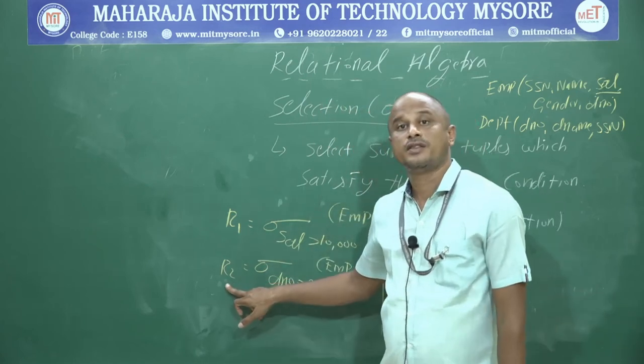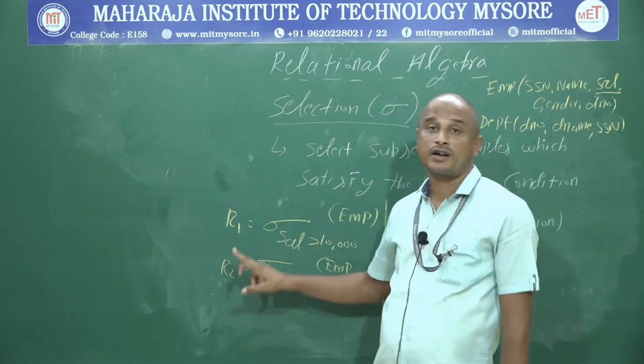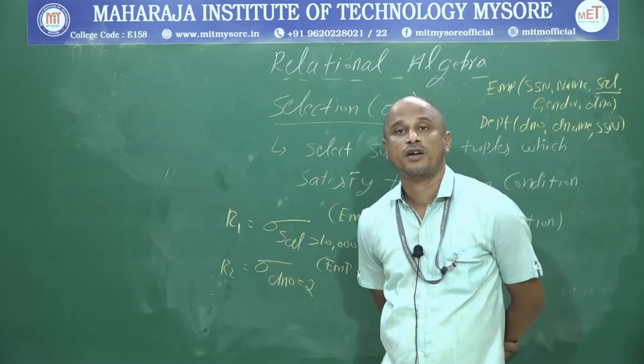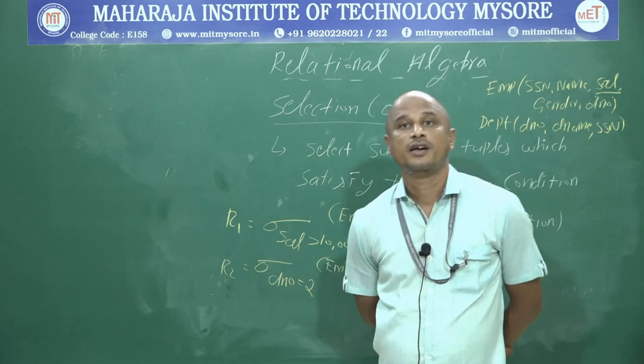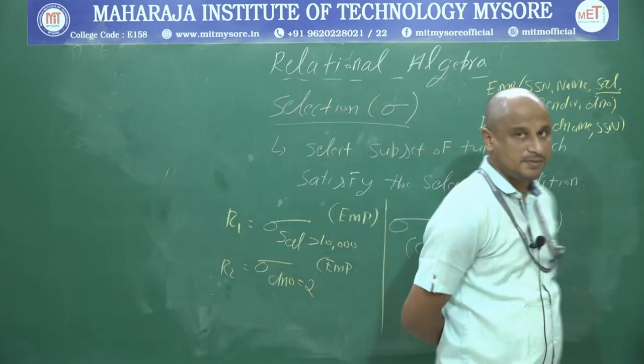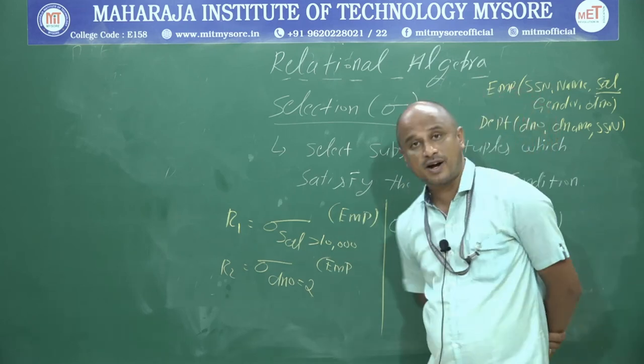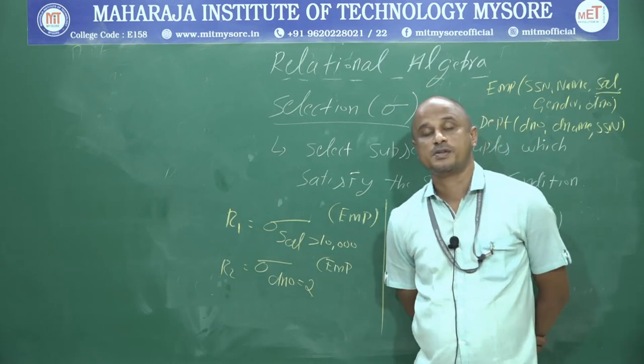R2 is the relation name that contains the employees working for department number 2. So department number 2 has been specified with a selection condition.